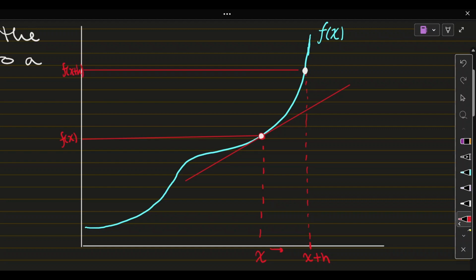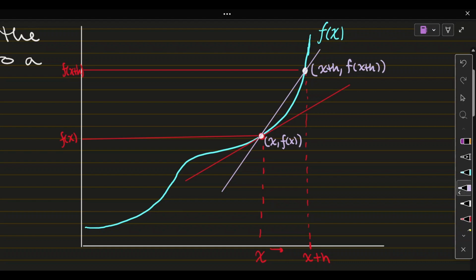Okay, so I can draw a line between those 2 points and easily find the slope of it, because I know what those points are going to be. This is the point x, f of x, and this is the point x plus h, f of x plus h.